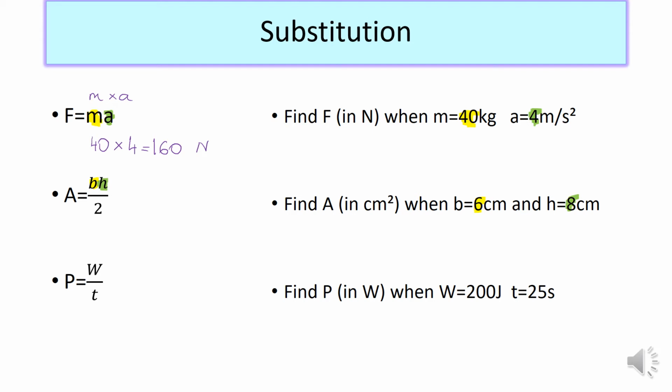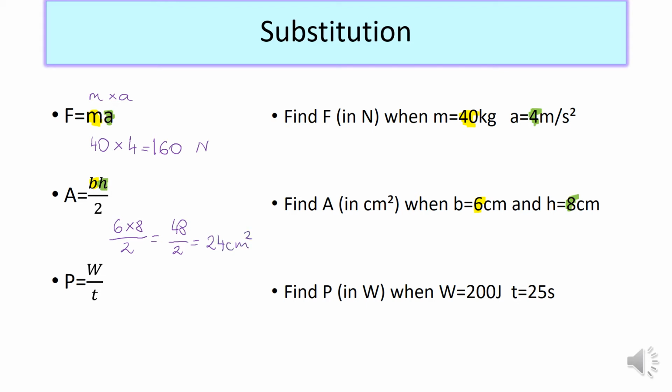This formula is for the area of a triangle. So that is 6 times 8 divided by 2. 6 times 8 is 48, divided by 2, that is 24 centimeters squared.